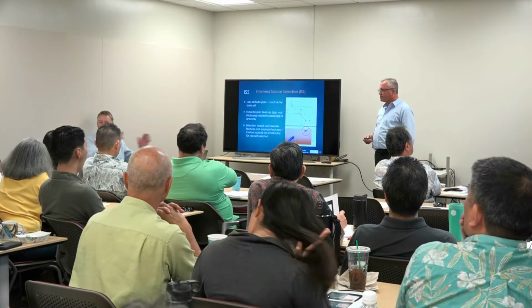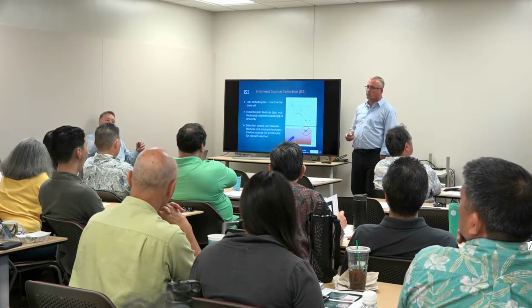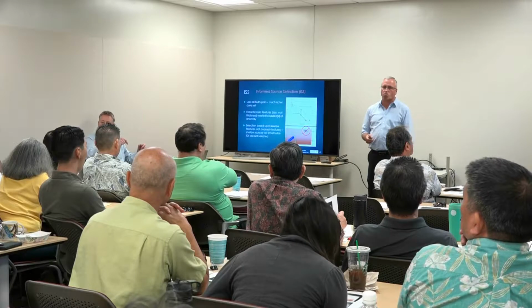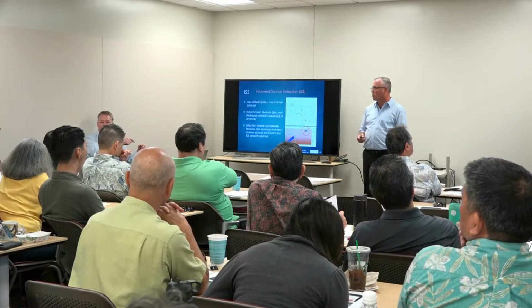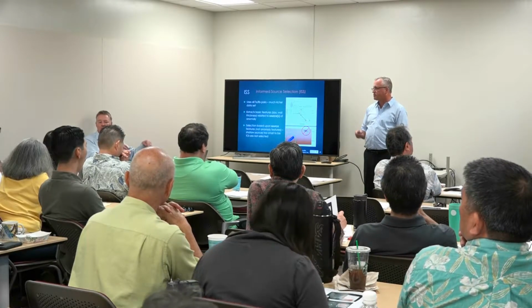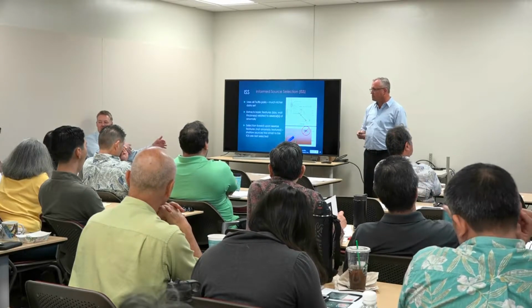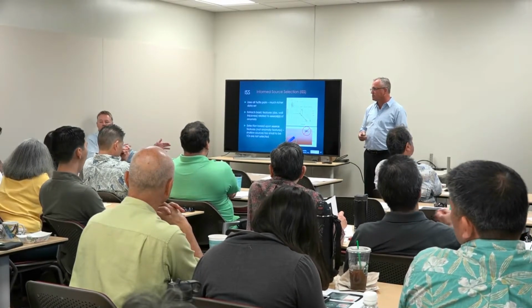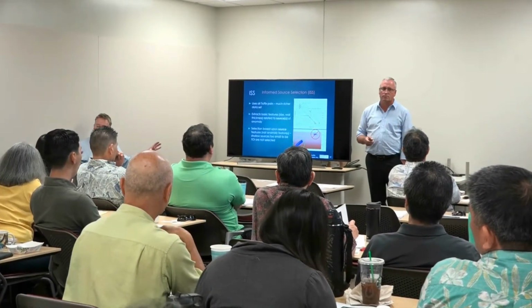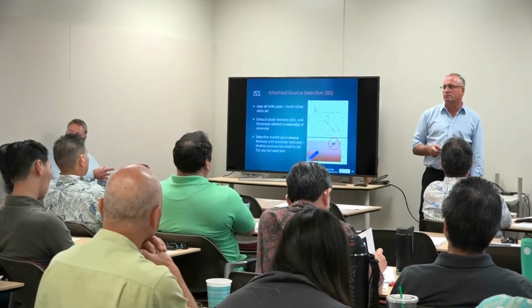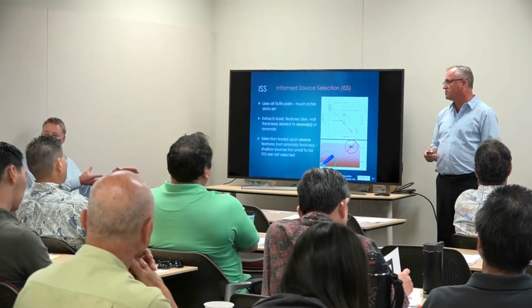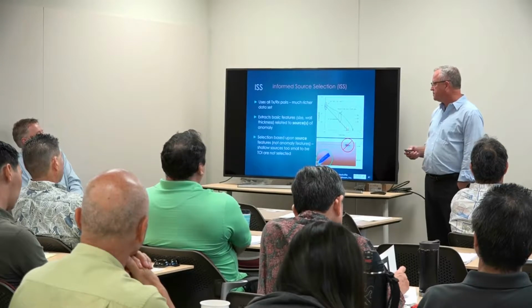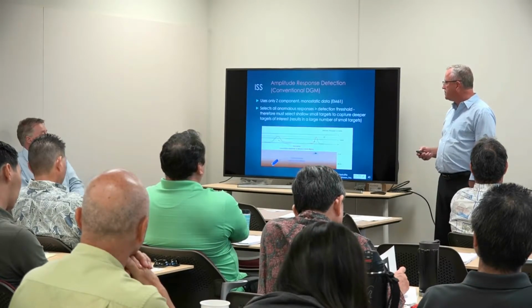So after they've done that detection survey, to go back and do the cued survey, they have a lot less area, a lot fewer flags to go back and cue, because they've been able to do that triage of removing the obvious ones and only focus on the harder ones to answer the question. And it's been extremely effective.